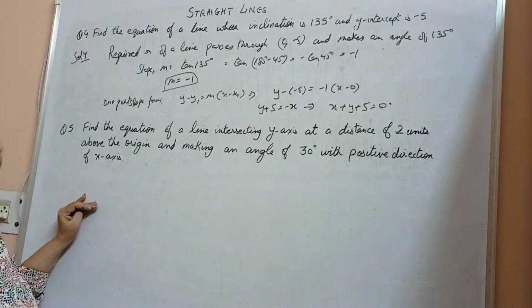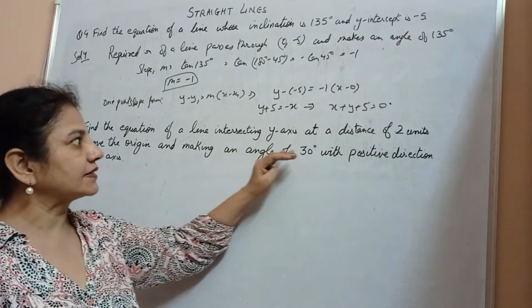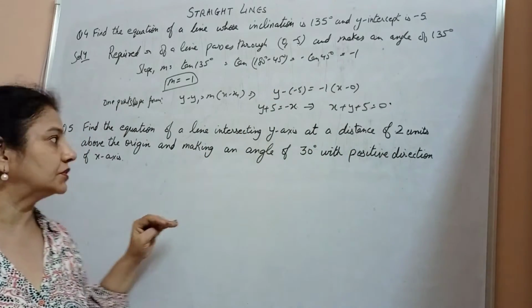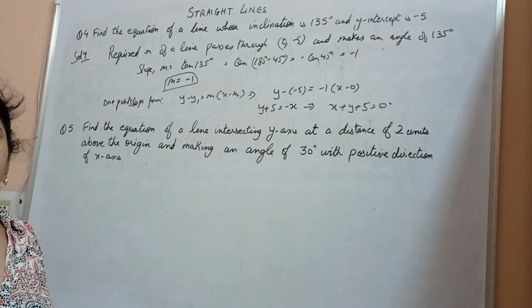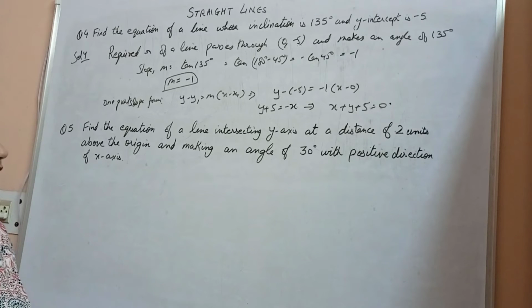Similarly, in this case also, find the equation of a line intersecting the y-axis at a distance of 2 units above the origin and making an angle of 30 degrees with the positive direction of the x-axis.